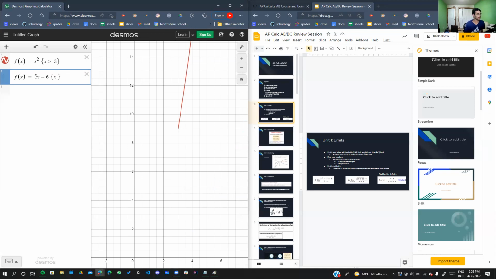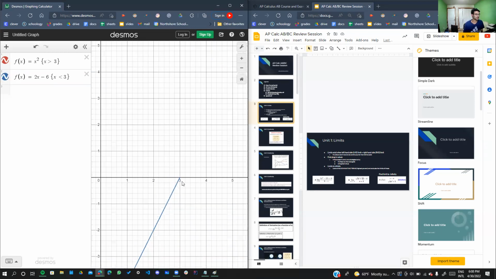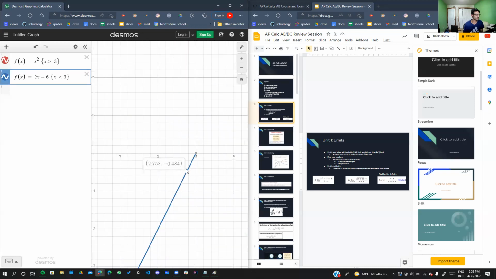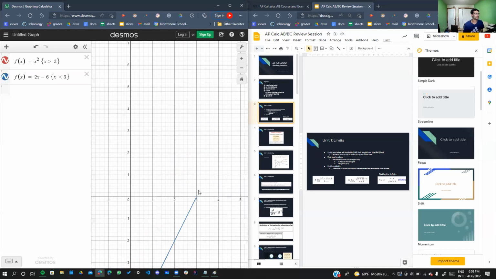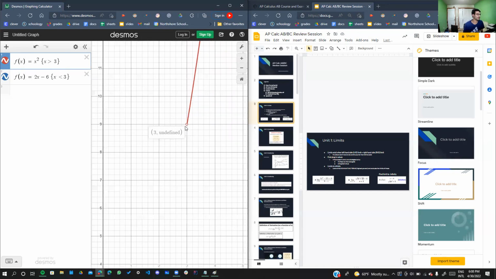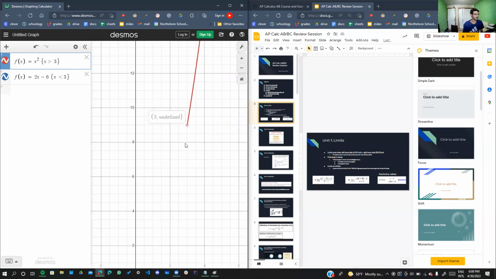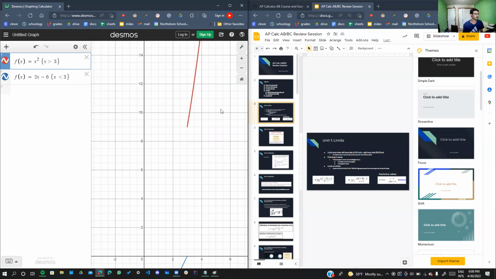Here, the limit as x approaches 3 does not exist because from the left-hand side it approaches 0, and from the right-hand side, actually, it's not defined there. It doesn't need to be defined, and we'll look at this later. But they're not approaching the same value, so the limit doesn't exist.